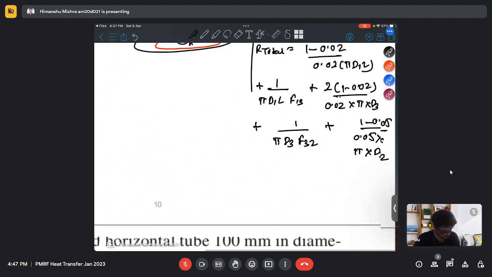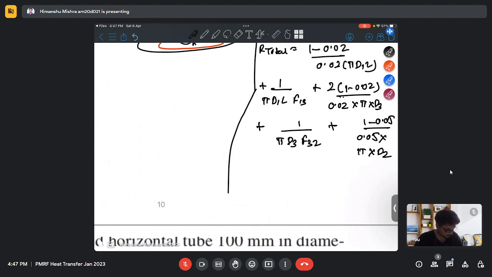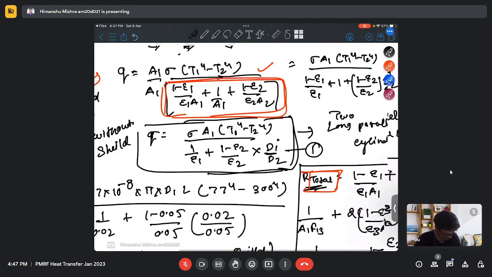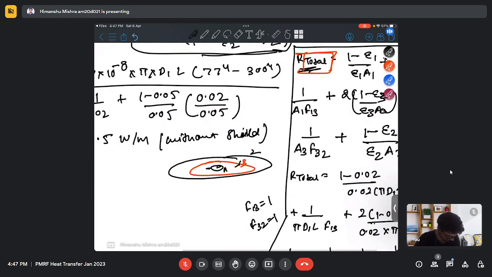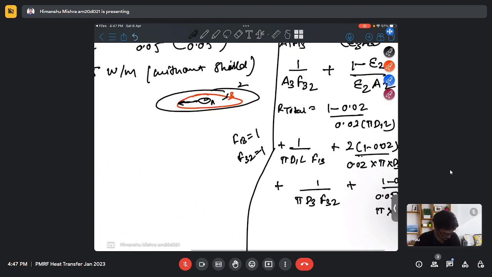Here my F13 equals 1 and my F32 equals 1, because whatever radiation comes out from surface 1 will go to surface 3, and whatever radiation comes out from surface 3 will go to surface 2.